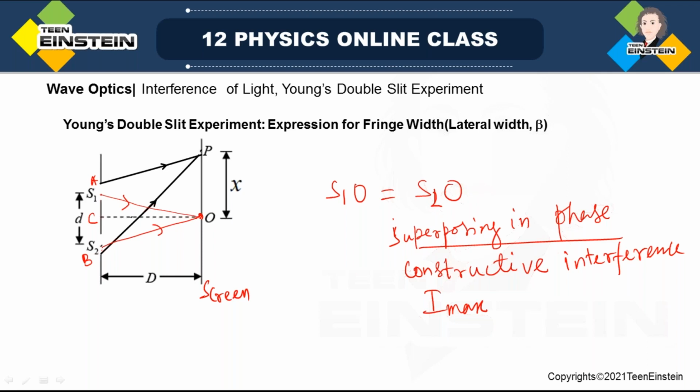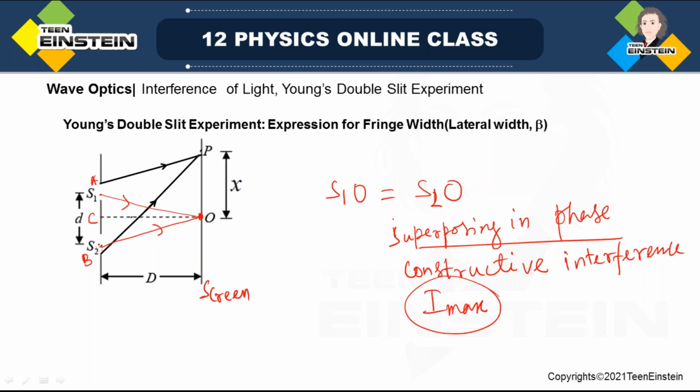The intensity at this particular point, upon superposition of two waves from S1 and S2, will be maximum at this point O, because the light waves coming from S1 and S2 are meeting in phase. Why? Because there is no path difference between these two paths.